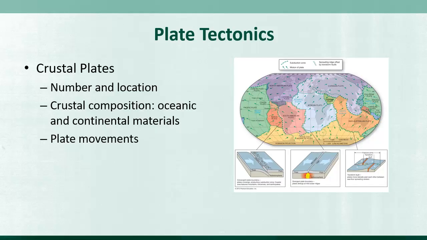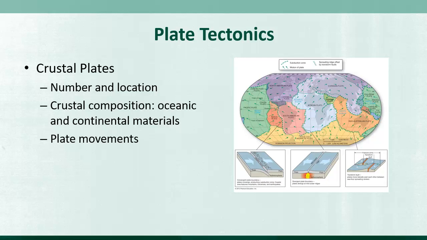All of the crustal material is moving around, and the planet itself is broken into what are referred to as plates. These are essentially sections of crust that are moving and pushing against one another at different rates as a result of energy that is flowing from the center of the Earth.